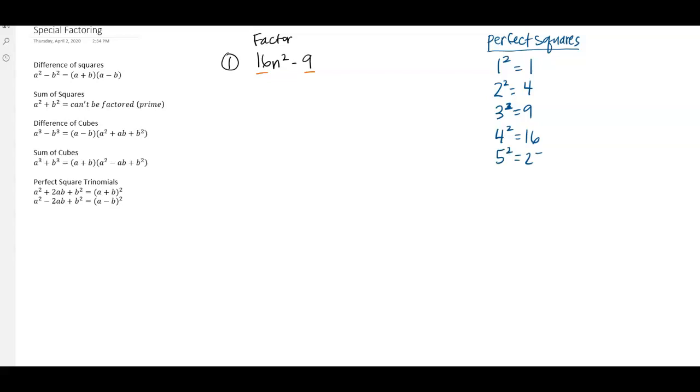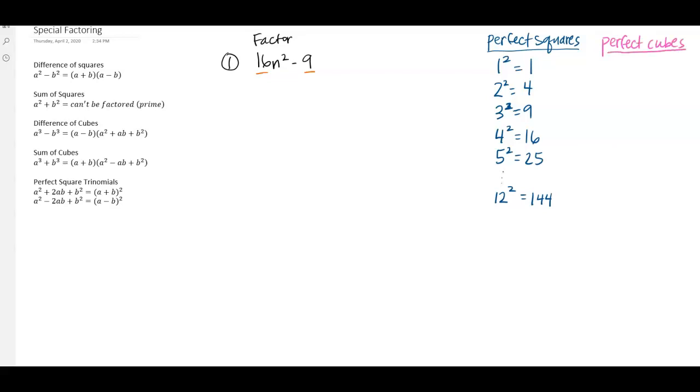These keep going and going. I would say it would be best to have them memorized at least up to 12 squared, which is 144.